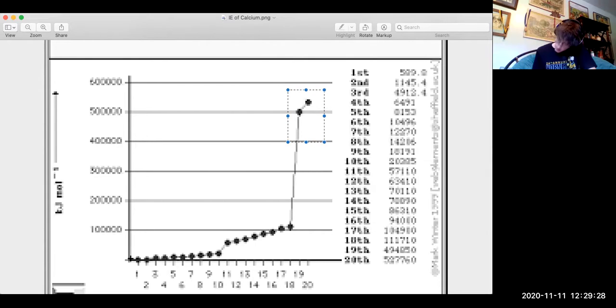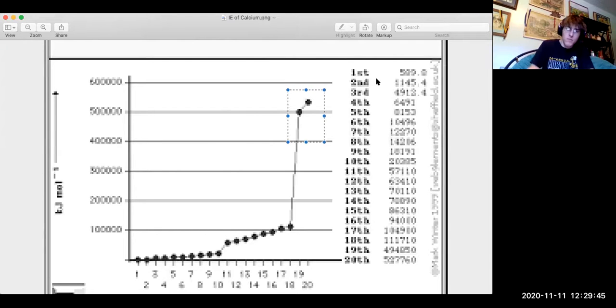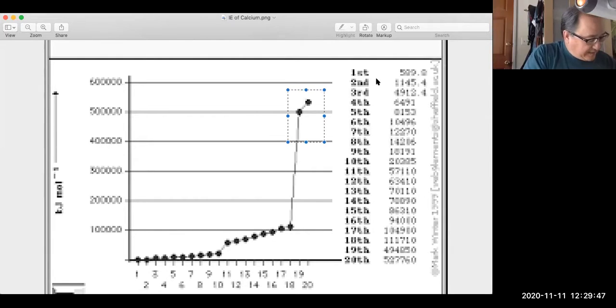Right. And if we take a look at a helium atom, which is 1s2, I've got to change my share again.